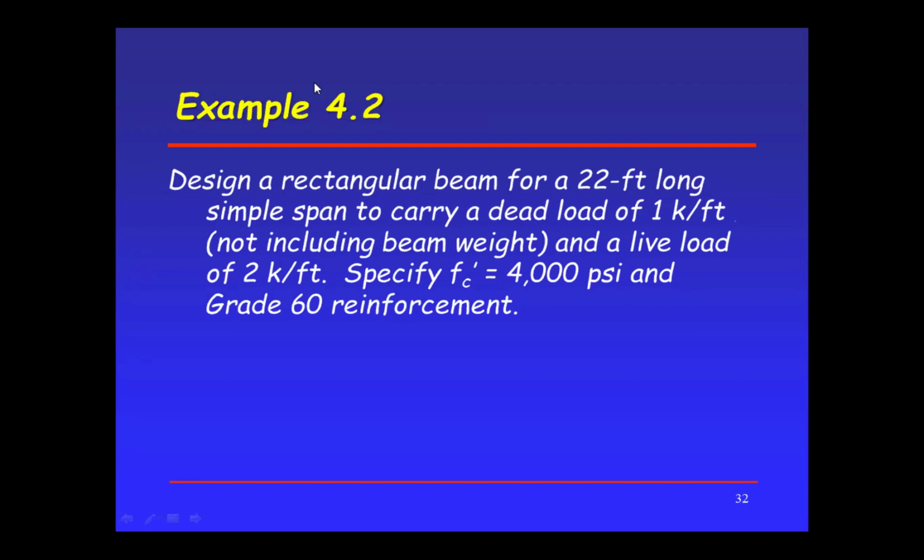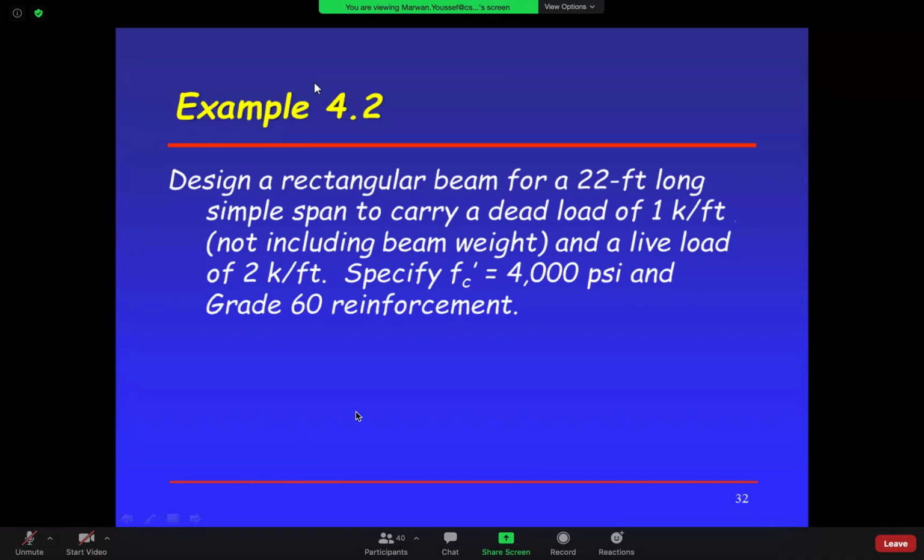Hey, Binyam. Can you hear me? I can hear. So I'm just looking at this example right now. Apparently there's a live load and a dead load for this beam, 1 kip per foot and then 2 kips per foot, right? Yeah, it's saying a simple span carrying a dead load of 1 kip per foot, not including beam weight, so you don't include that, and then a live load of 2 kips per foot.